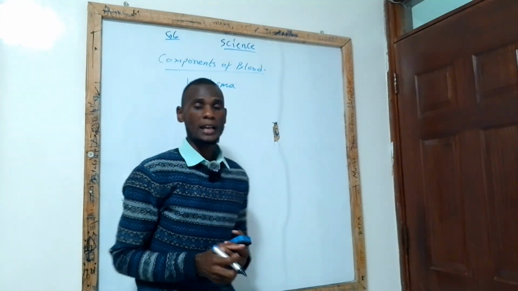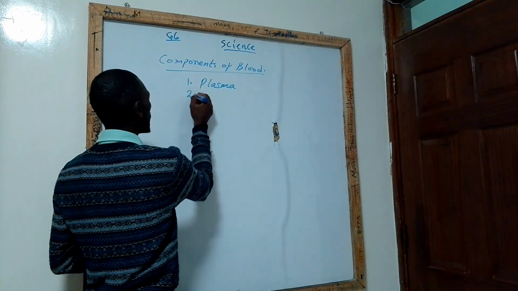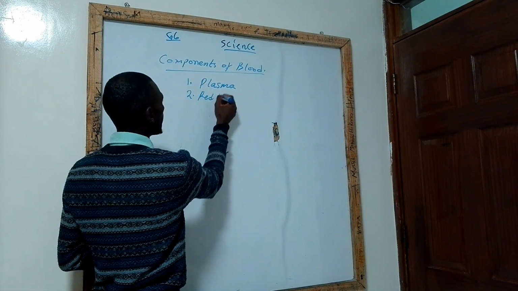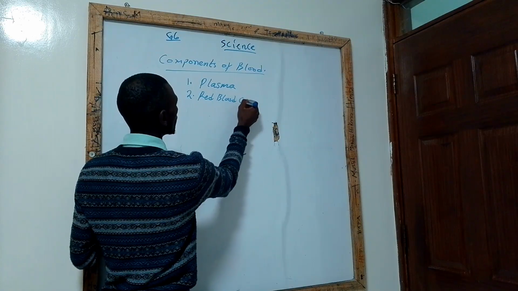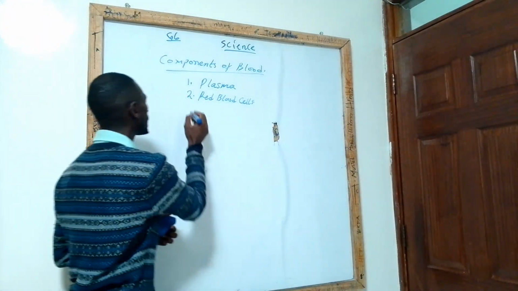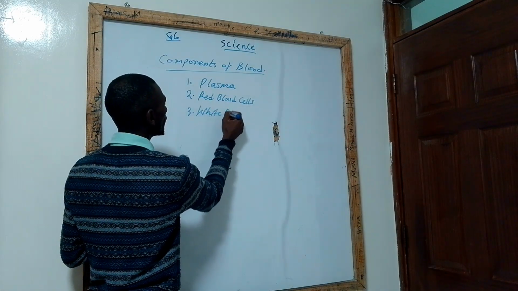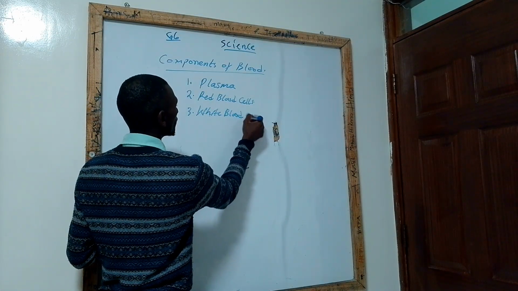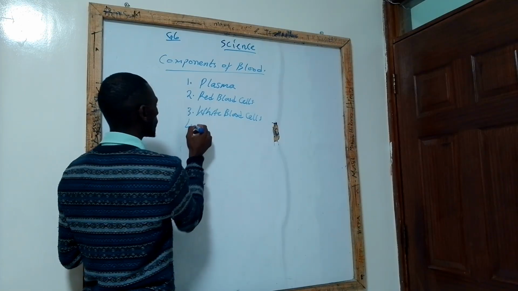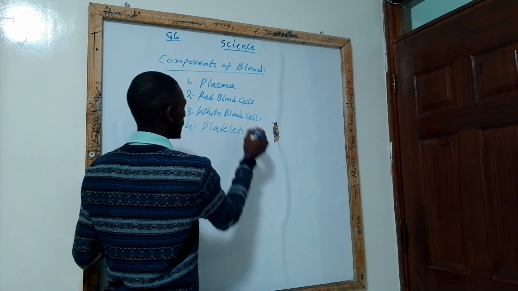Number two, we have the red blood cells. Number three, we have the white blood cells. Then the fourth one, we have what we call the platelets.